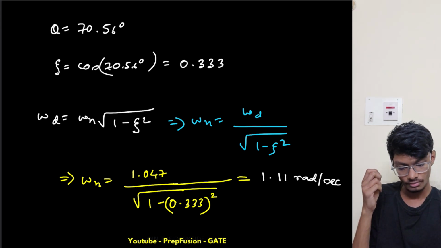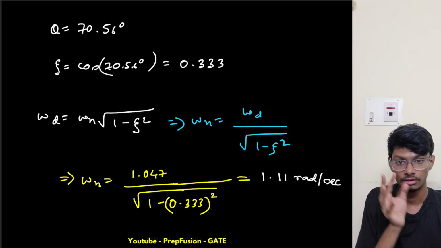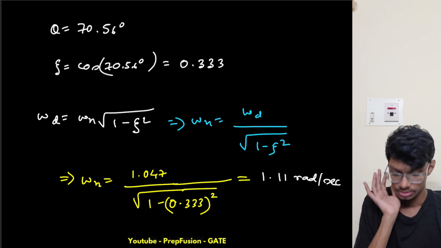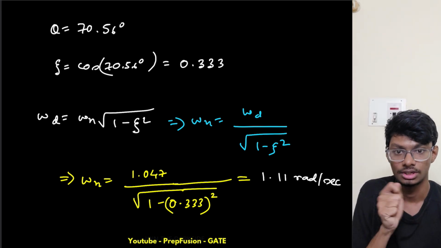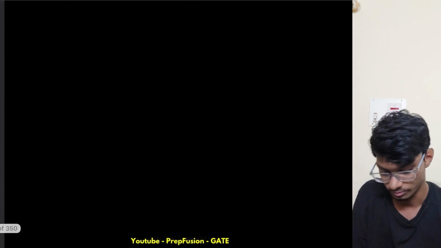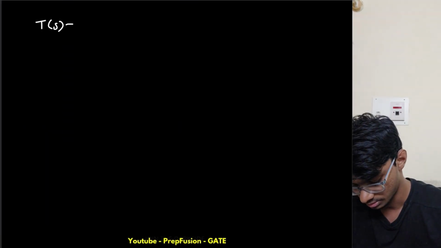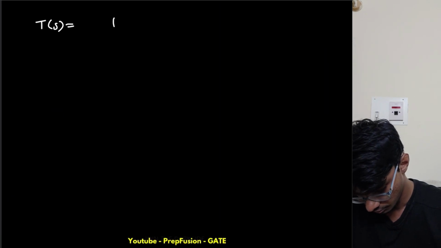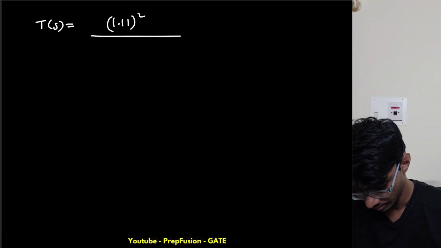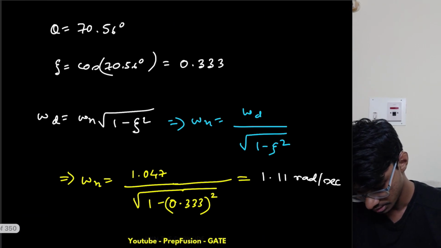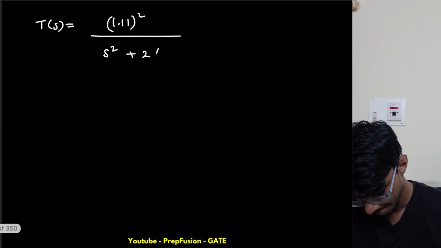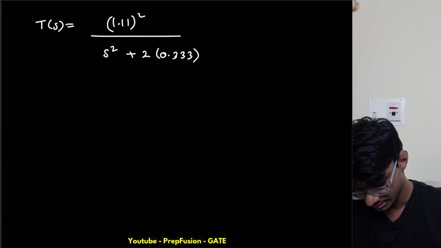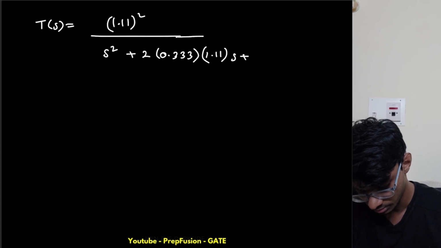Now what else is left for us to find the transfer function? We know omega n, we know all these things, but one thing we don't know. So I can write my transfer function as omega n square, that is 1.11 square, divided by s square plus 2, zeta is 0.333, omega n is 1.11, s plus omega n square.